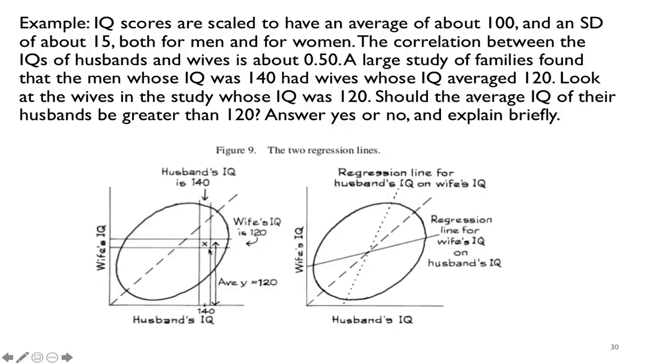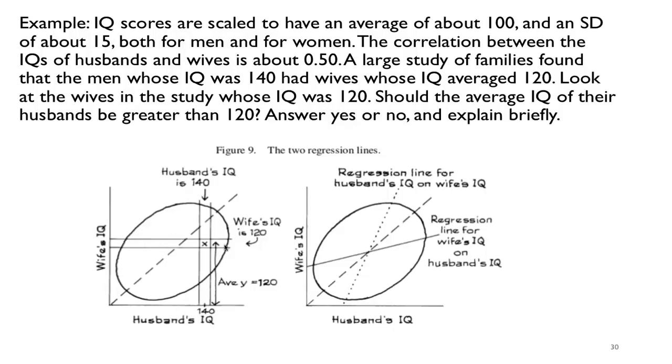Now, suppose I were to look at the other direction. In other words, the question says that if I were to look at all the wives whose IQ is 120, so horizontally now I'm looking at the average IQ of the husband.